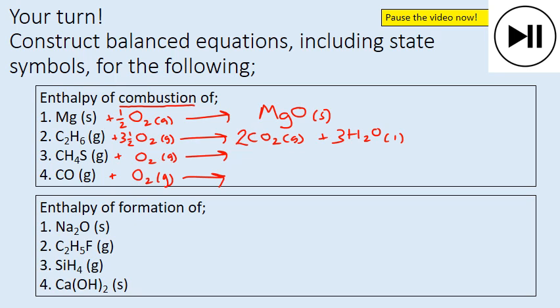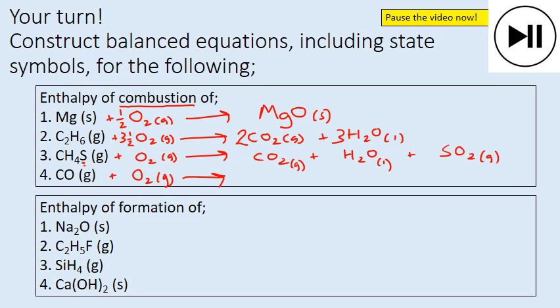Third one, CH4S with oxygen. So it's going to make carbon dioxide. It's going to make water. I've got sulfur here though, so the sulfur is also going to react with oxygen, which makes sulfur dioxide, SO2. Carbon dioxide is a gas. H2O is a liquid.